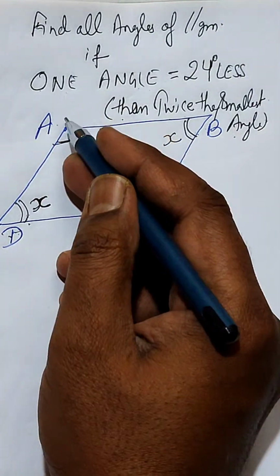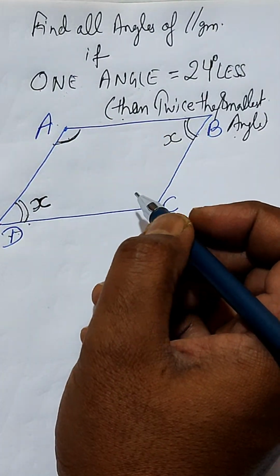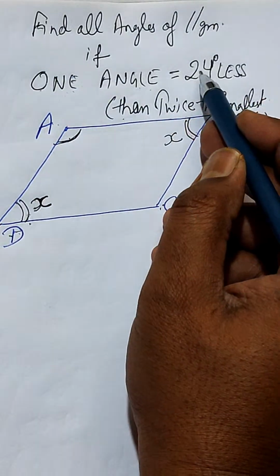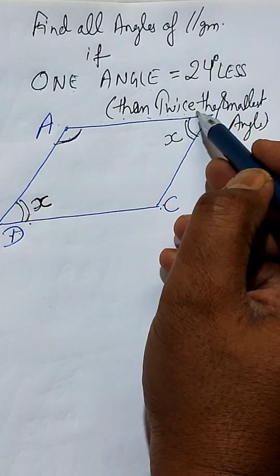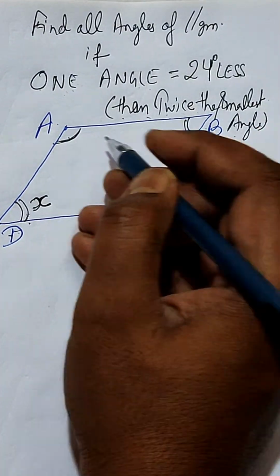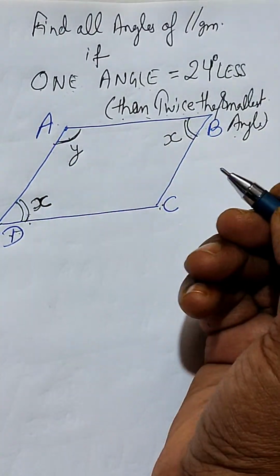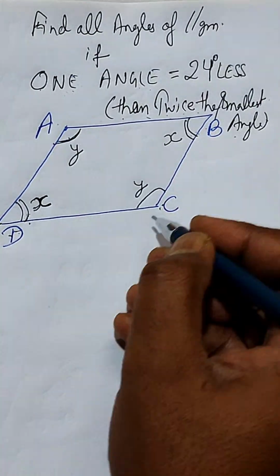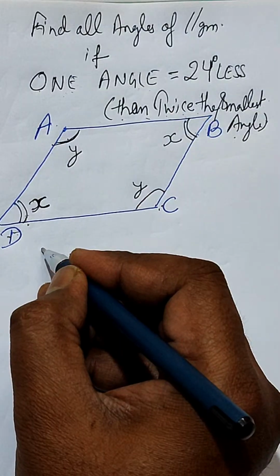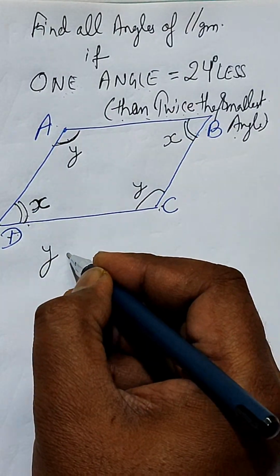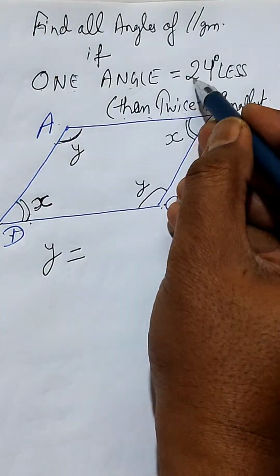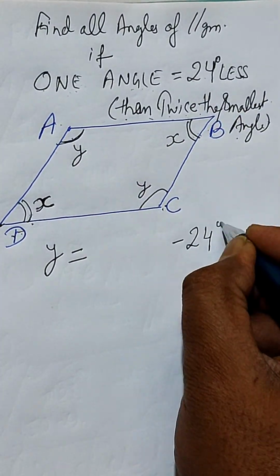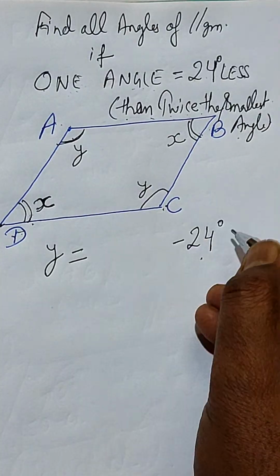So let us follow the same to form the equation. It's given that one angle is 24 degrees less than twice the smallest angle. So let's say this is Y, right? Then angle C will also be equal to Y. Then as per the relation given in the question, Y, that is the other angle, is equal to 24 degrees less, so that means minus 24 degrees will be applied, right?